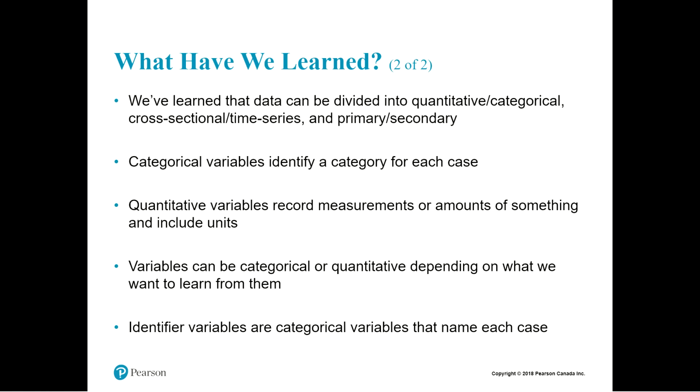Variables can be categorical or quantitative, as we saw, depending on what we want to learn from them. Identifier variables are category variables that name each case. So this is it for chapter 2. A lot of information, which is very interesting, but this is the base of statistical methods in business. So you will have to understand the terminology that we've used so far to go ahead in this course. Thank you.